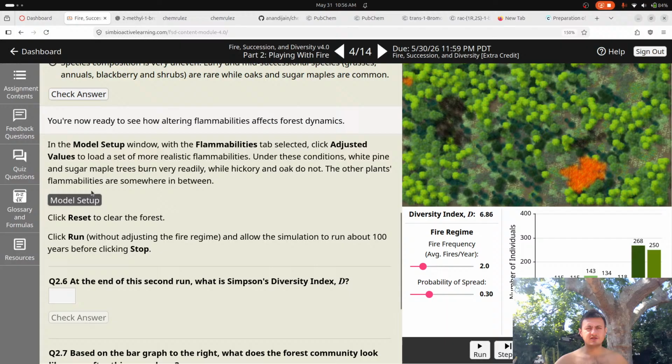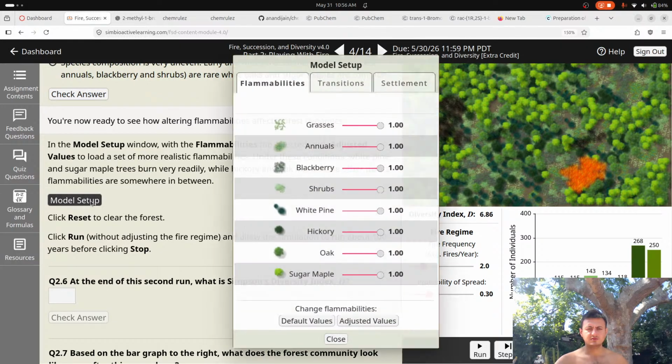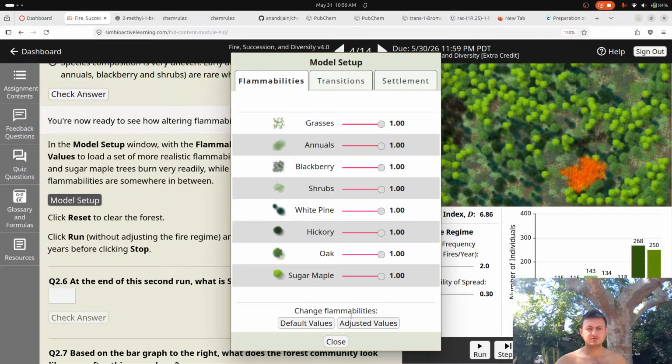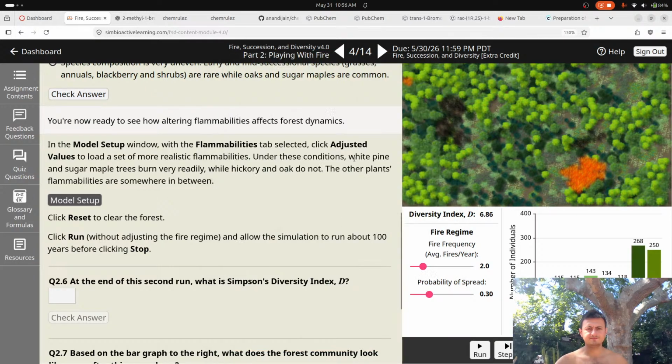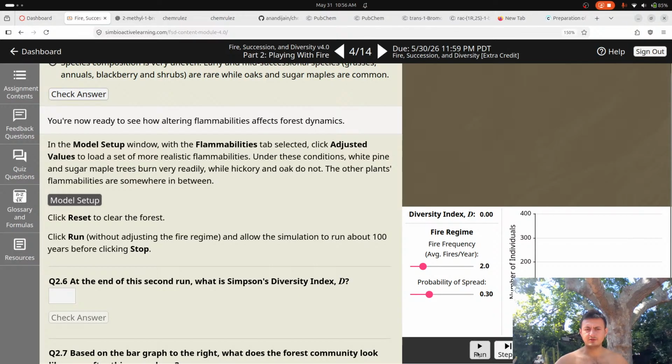You're now ready to see how altering flammabilities affects forest dynamics. Adjusted values. Okay, do I reset? Okay, reset, run.